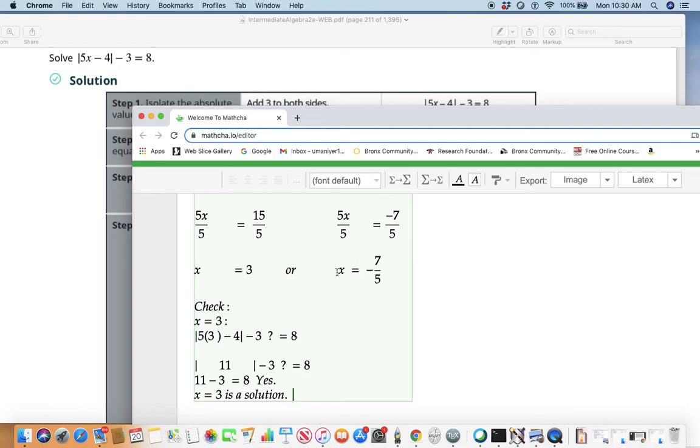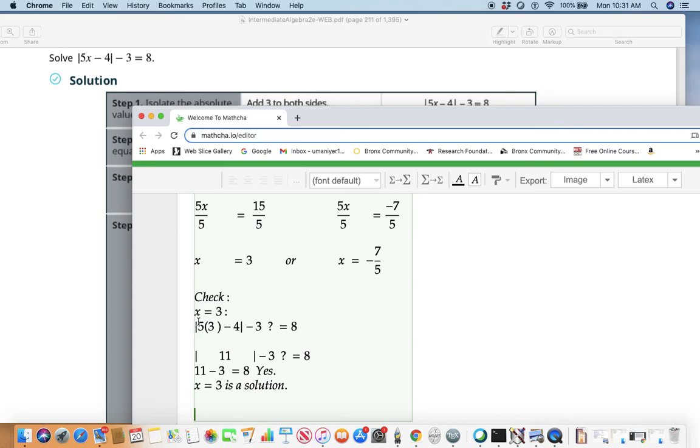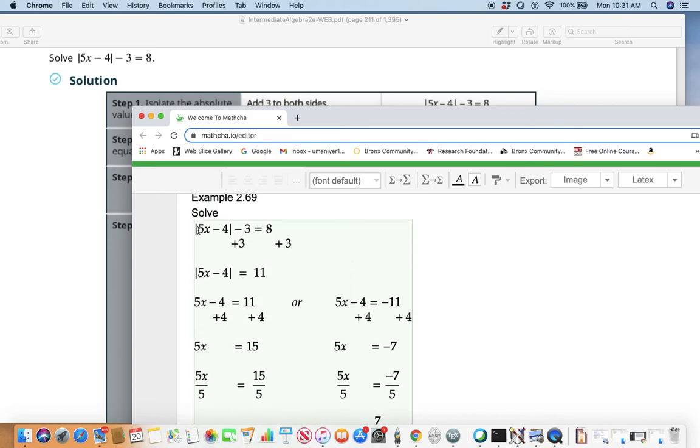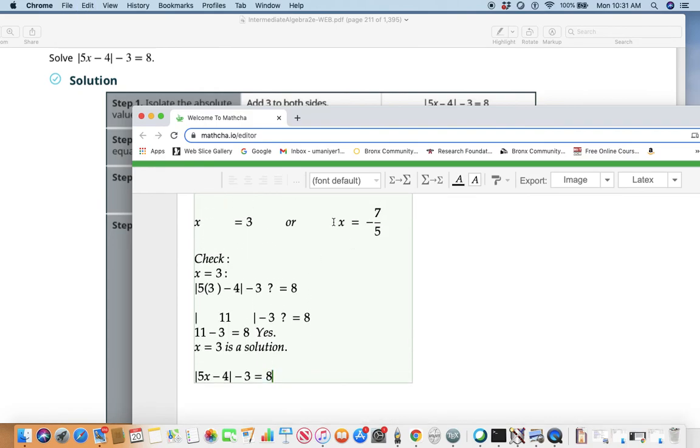Now let's try this number, negative 7 over 5. You have your original equation and you want to evaluate it at x equals negative 7 over 5.